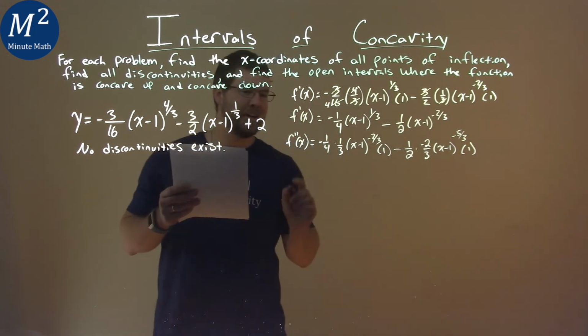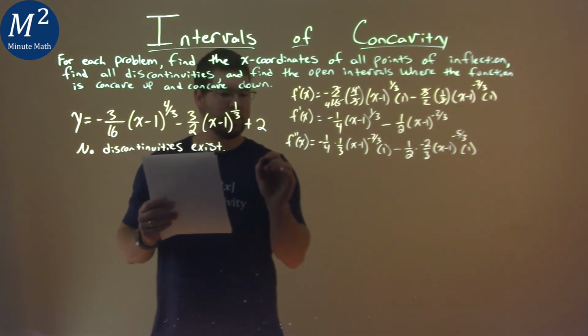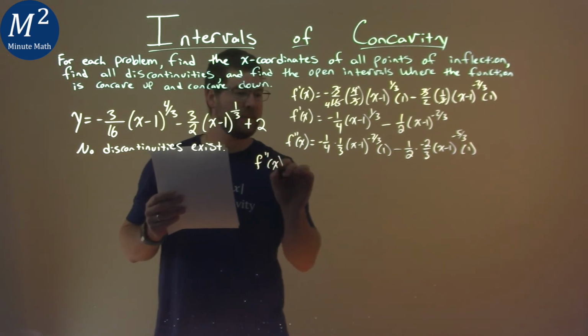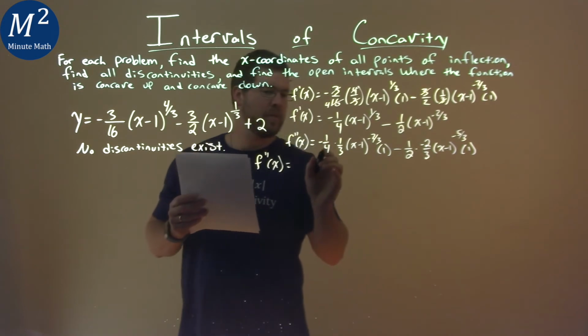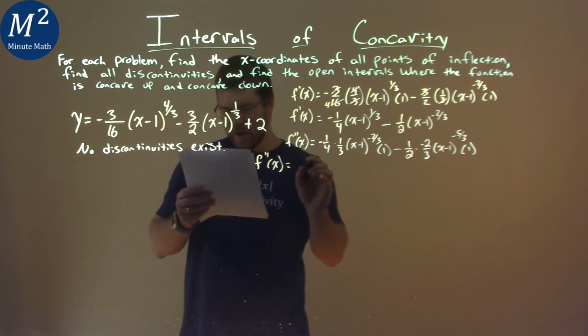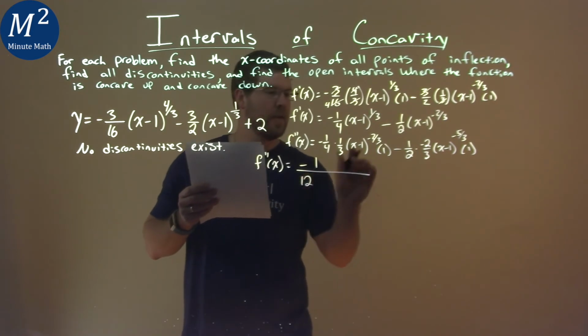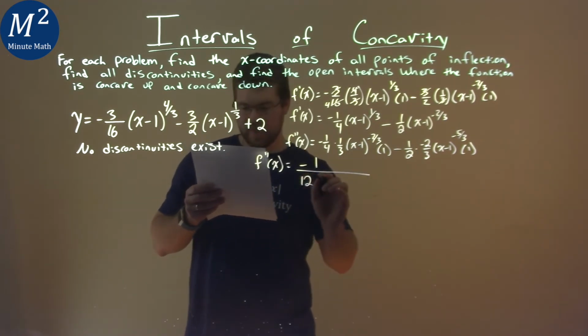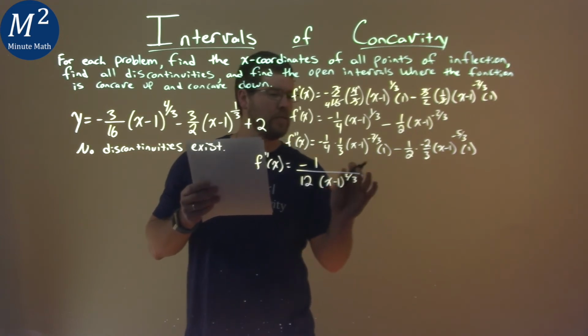Let's simplify this where we can. I'm going to move over here so I have a little more room. F double prime of x here. Well, let's make this as a fraction. Negative 1/4 and 1/3 is a negative 1/12, right? So we have a negative 1 in the numerator, and we have a 12 down here. I can bring this down to the denominator now, and we have x minus 1 to the 2/3 power, and it's a positive 2/3 power.